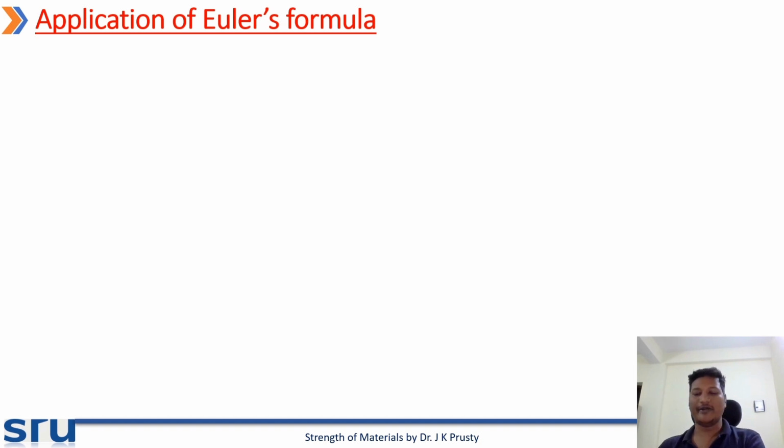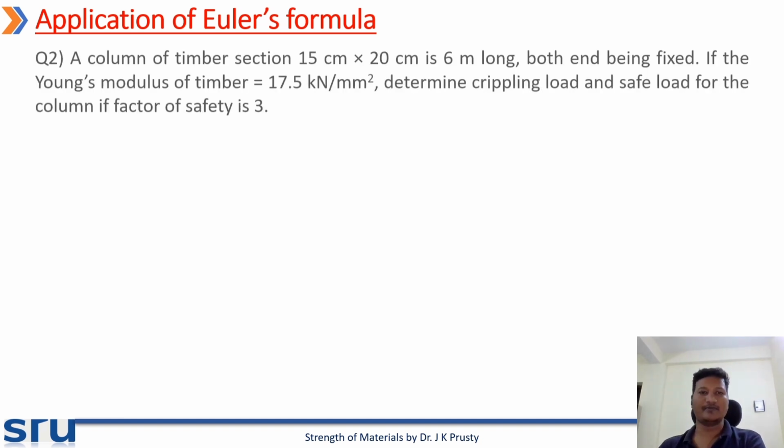Next, coming to another problem, where a timber section is used as a column. The section is given as 15 centimeter into 20 centimeter and the length of the column is 6 meter.